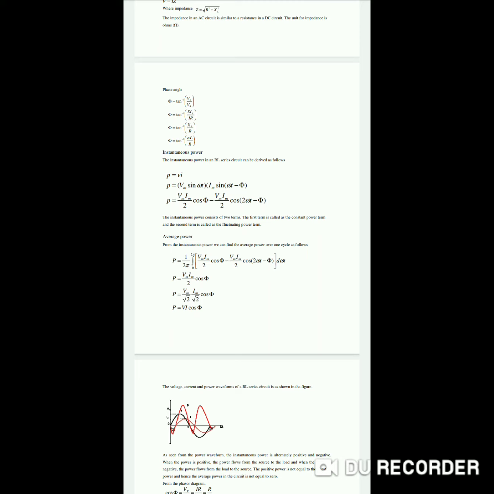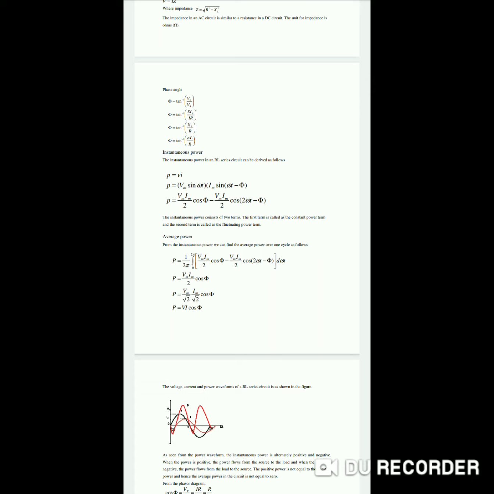Applying the limits, the second term becomes 0. The remaining is P is equal to Vm Im divided by 2 into cos phi.